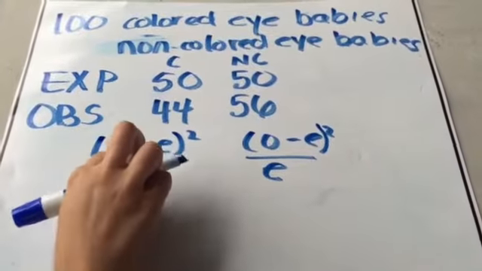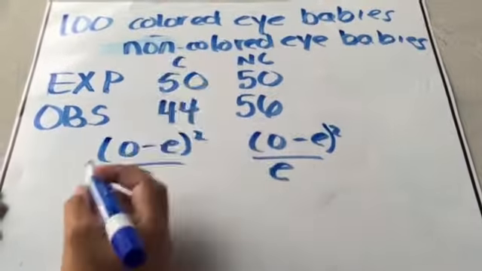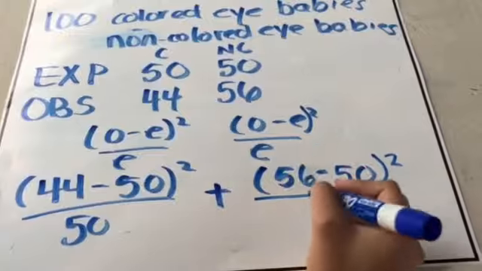So your observed value for the colored eye is 44 minus your expected, which is 50, squared over 50, which is your expected, plus your observed, which is 56, minus your expected, which is 50, squared over your expected, which is 50.